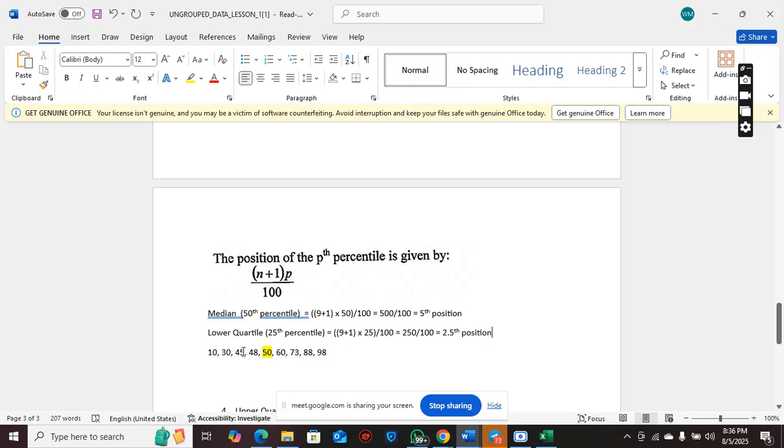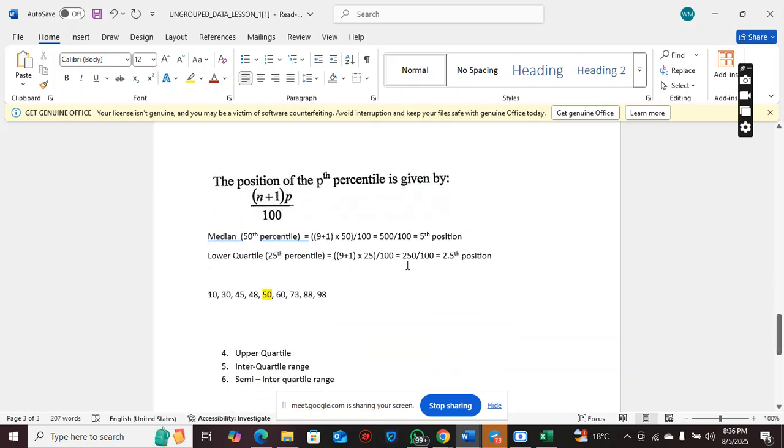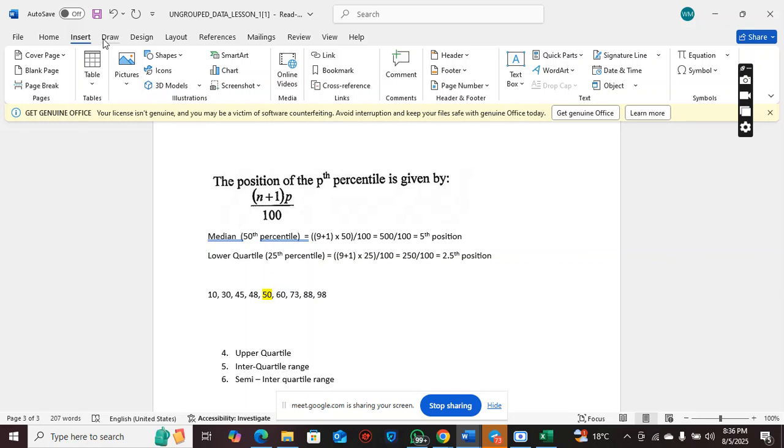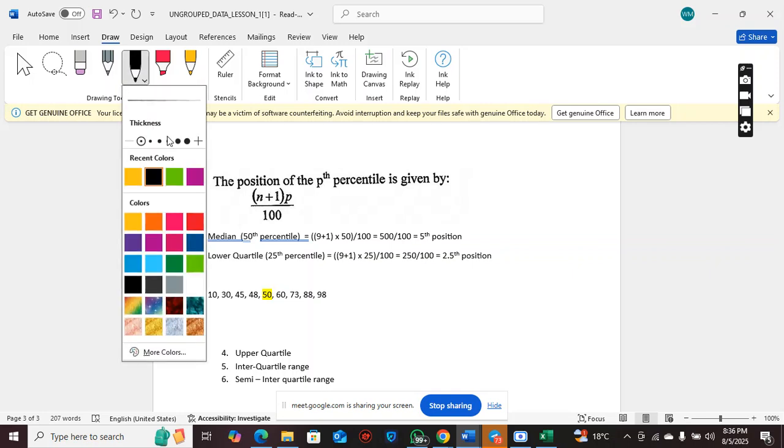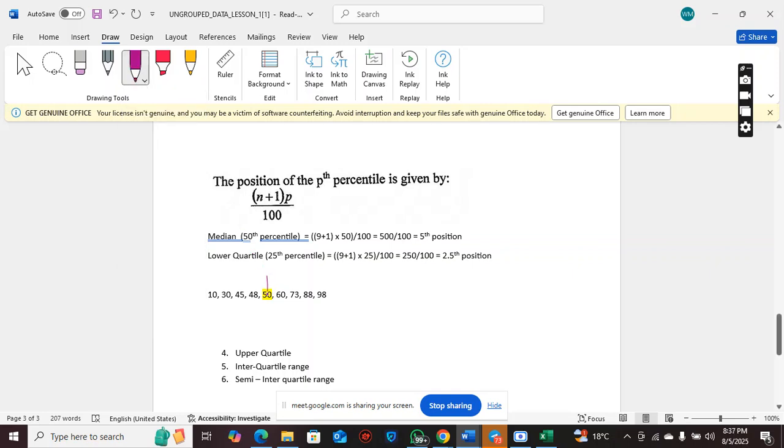So you come to your data set here. In our 2.5 position, you count 1, 2, so 2.5 is between 30 and 45. We'll label this as Q1, our lower quartile.